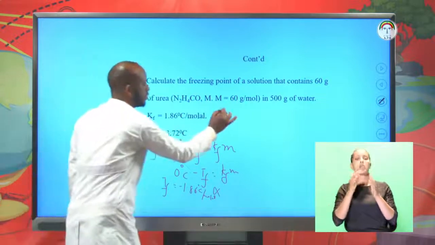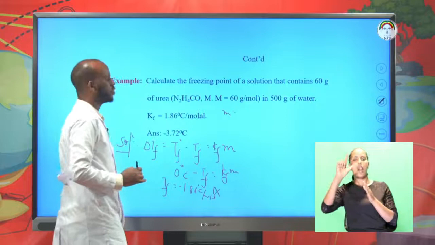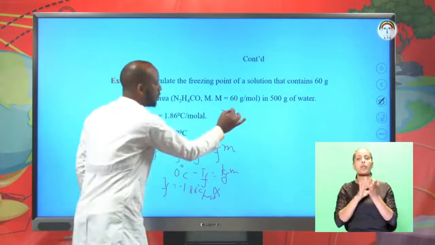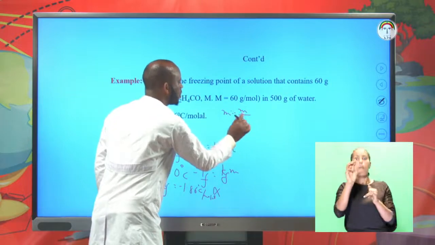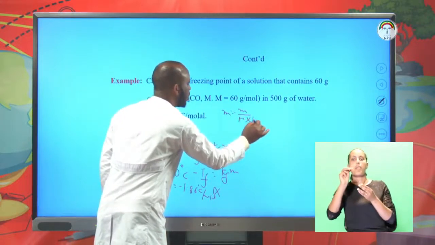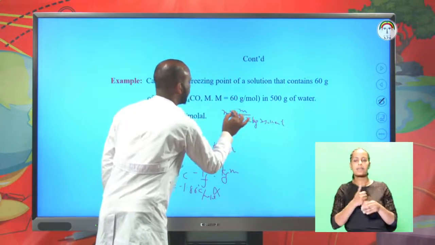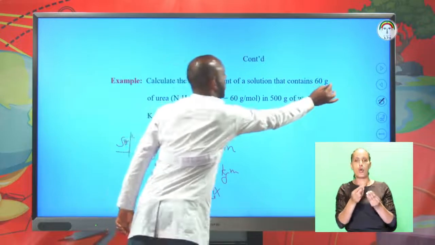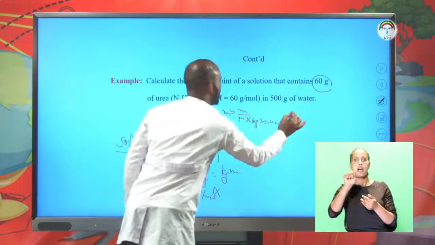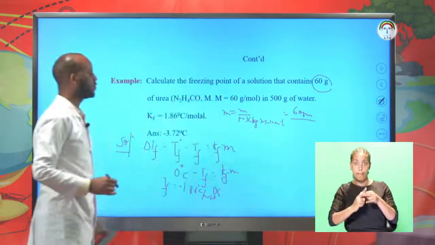Molality, by definition, small m, is number of moles of solute per kg of solvent, but number of moles of solute is mass of solute divided by molar mass, times kilogram of solvent. Mass of the solute urea is 60 gram, divided by molar mass of the solute.